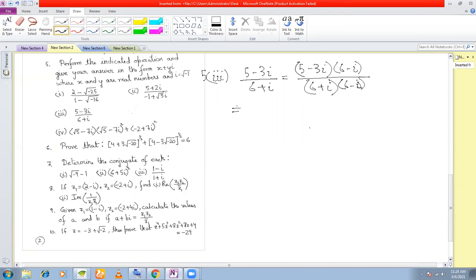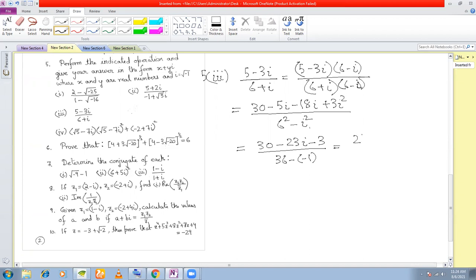Now you multiply the numerator as it is. And denominator is of the form a square minus b square. So you get here 30 minus 23i minus 3 divided by, this is 36 minus 1. So numerator you are left with 27 minus 23i divided by 37.